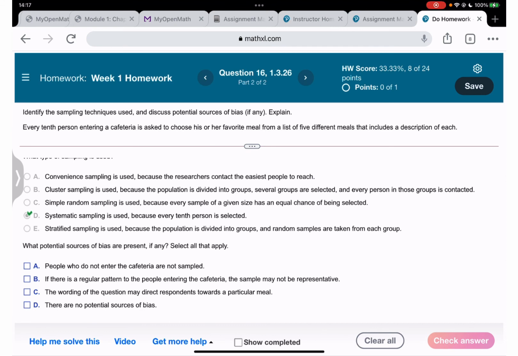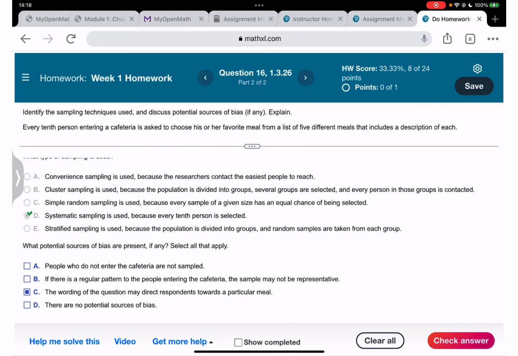The wording of the question may direct respondents towards a particular meal. This can be the source of bias, the wording, right? You can play there with these words, interpret this way or that way. And the other one, there are no potential sources of bias. This is also not the case.